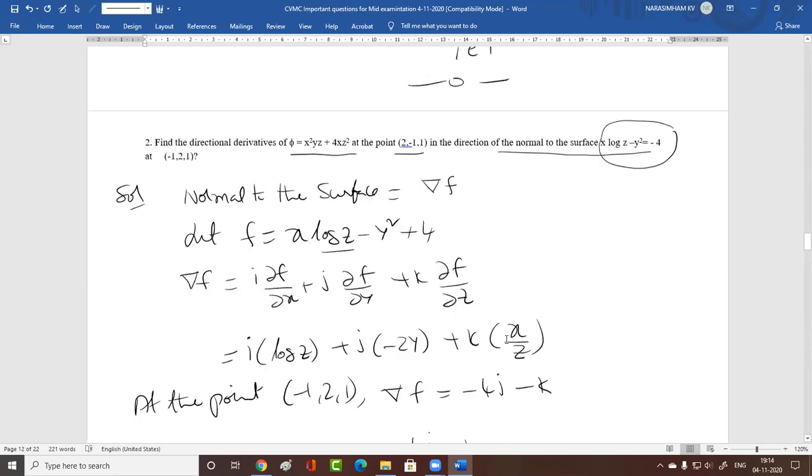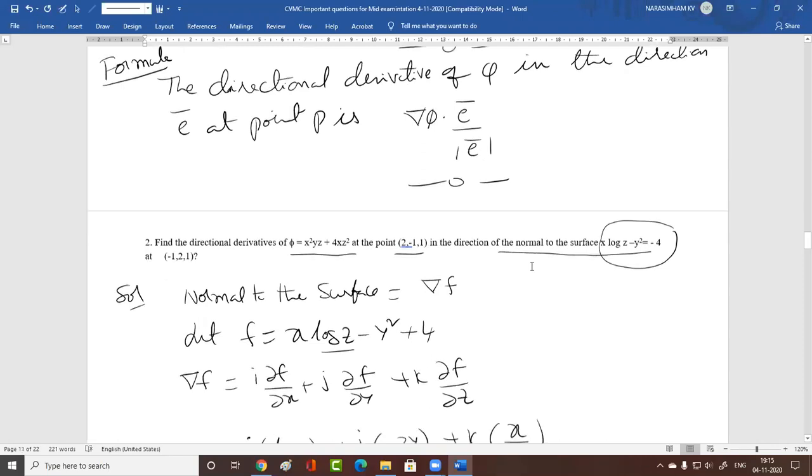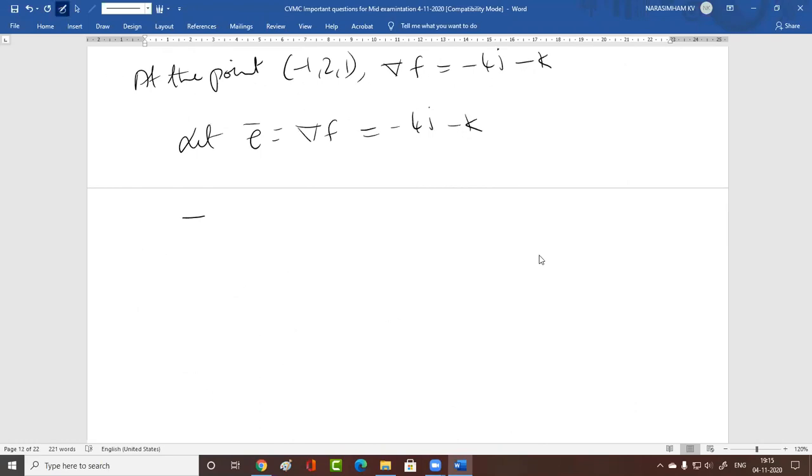Now we will find del phi. E bar is known. Then after that we will find the modulus of E bar. Finally we will evaluate this quantity. So modulus of E bar equals square root of 4 square plus 1 square, that is root 17.